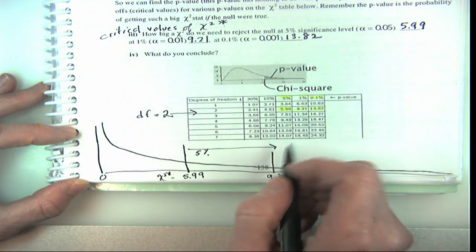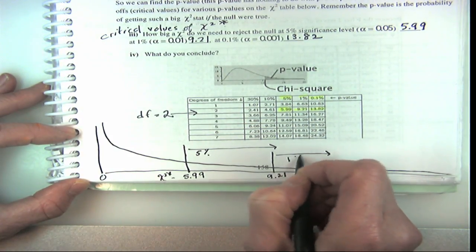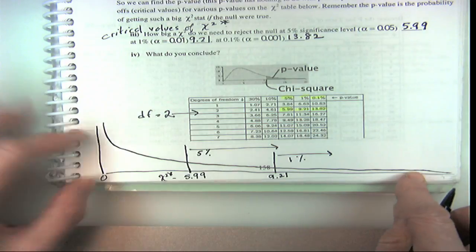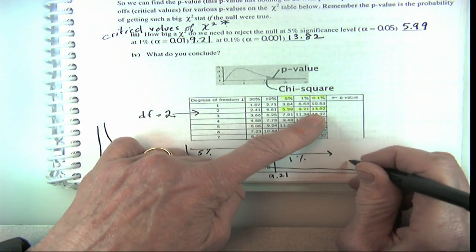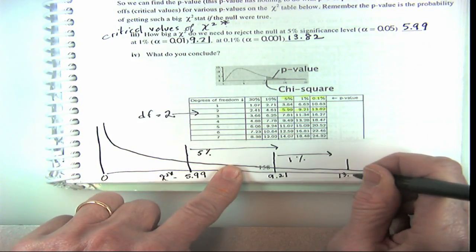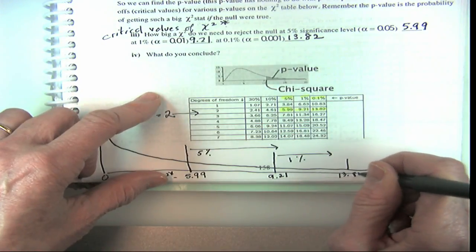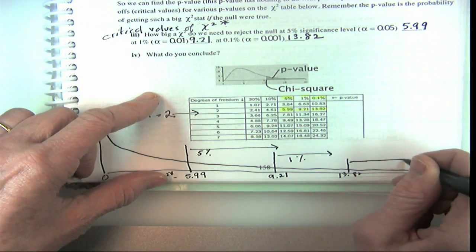That tells you that only 1% of the curve is beyond there. And the next one is 13.82.